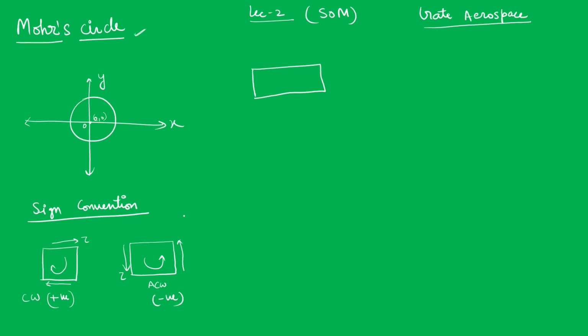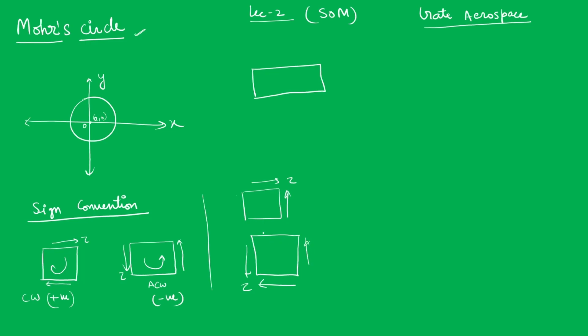Earlier in the previous session, I also told you the sign convention, and that was our normal sign convention. So it was like that. This we are considering positive, and this we are considering negative.